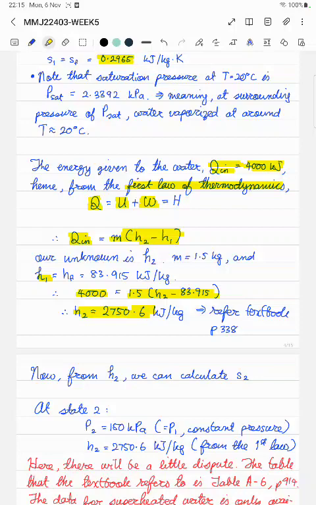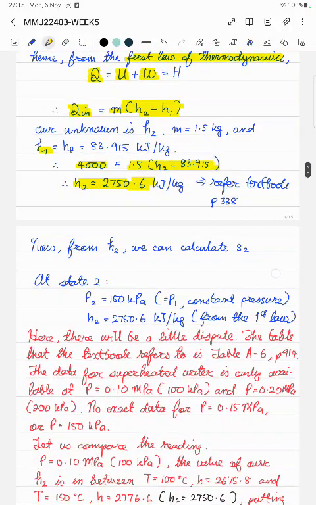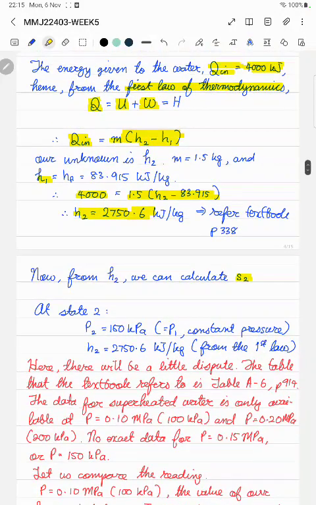Yes, 338. Now, because we have our H2, we can calculate our S2. At state 2, again, we are looking at a constant pressure process, so P1 is equal to P2, and we have our H2 from the first law of thermodynamics as 2750.6.